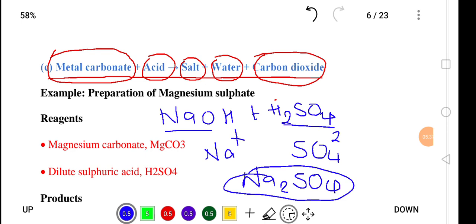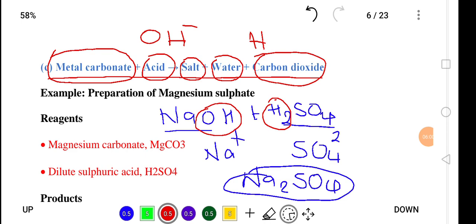Now, when we form this salt, it means in solution we are going to remain with hydroxide and hydrogen ions. Now, the hydroxides are negatively charged, the hydrogen ions are positively charged. And where we see these, we just know that hydroxide and hydrogen react to form water.